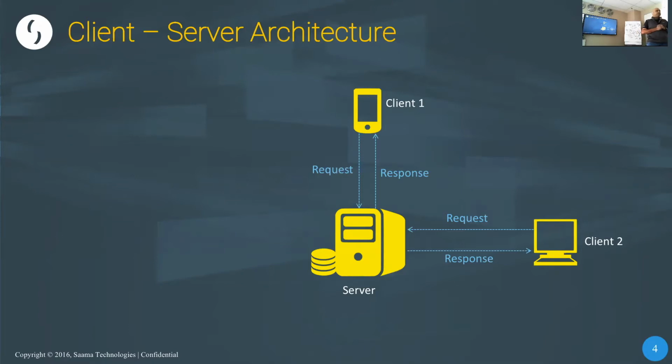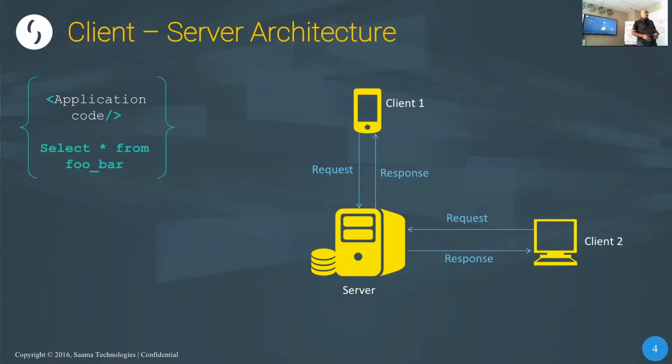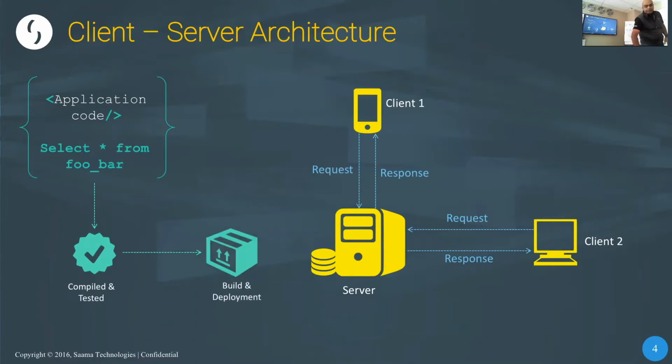Now, if we want to build this client-server architecture-based application, what are the steps involved, right? Typically, today, what we do is we write some code in whatever languages I just mentioned. If you have SQL in the backend, you write that as well. So developers write the code, then they compile the code, and once the compilation and validation testing has happened, the build is generated.